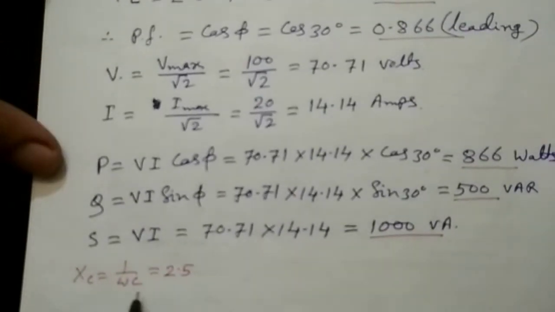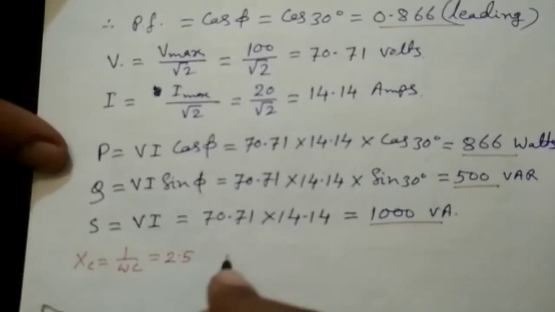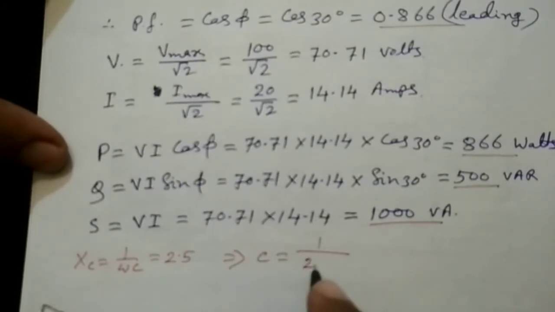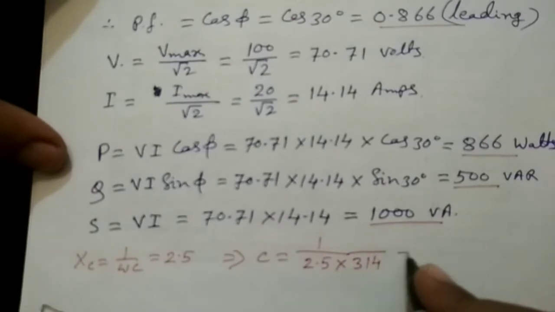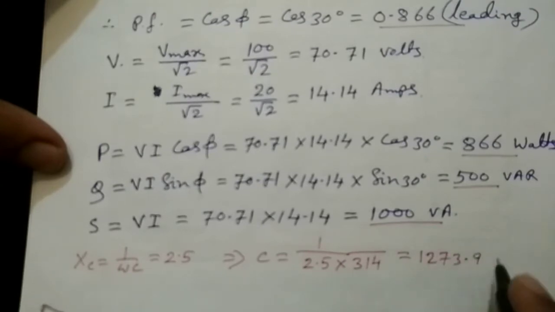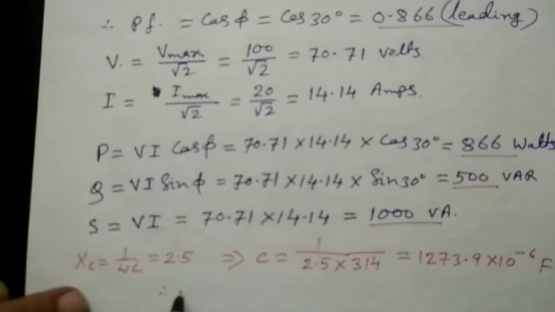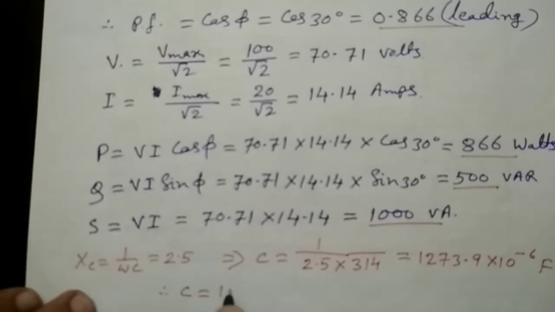Therefore C can be written as 1 upon 2.5 into omega. In this question, the omega is 314. So after solving, we will get 1273.9 into 10 to the power minus 6 farad. So finally, the value of C is 1273.9 microfarad.